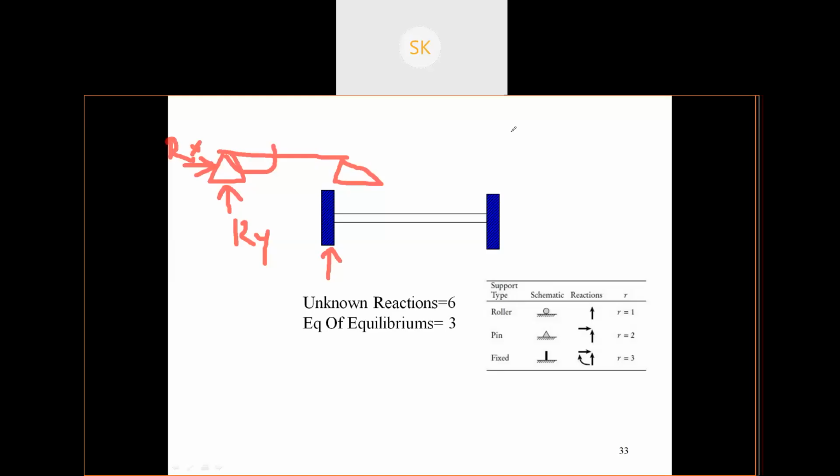So it is stiff in all directions, so it will be more stable. That's why we need Rx, the reaction in the x direction, Ry, the reaction in the y direction, and the reaction against moment. The summation of all the reactions, Rx, Ry and M, should be 0.